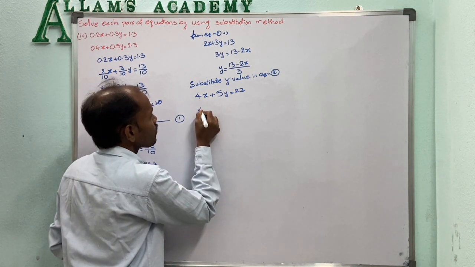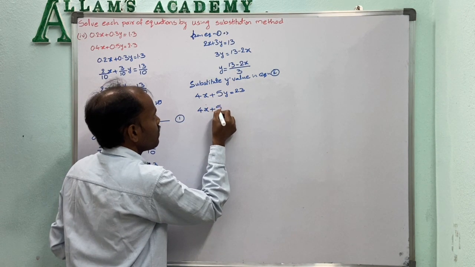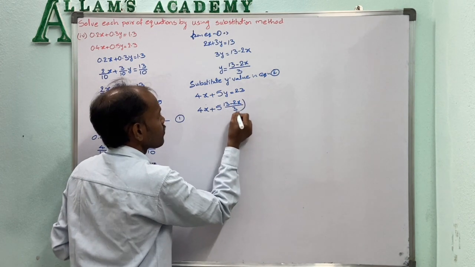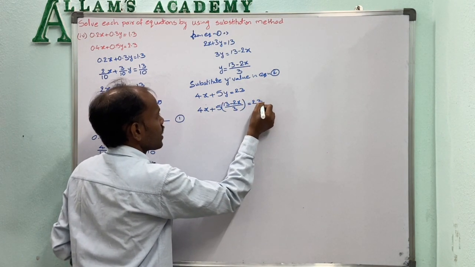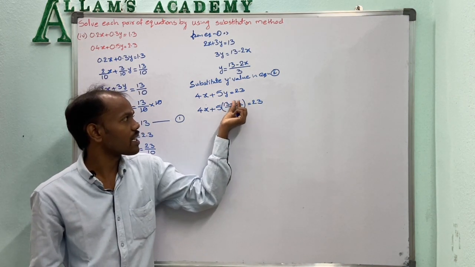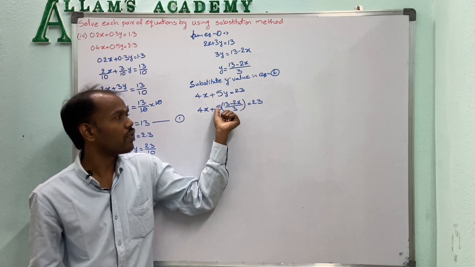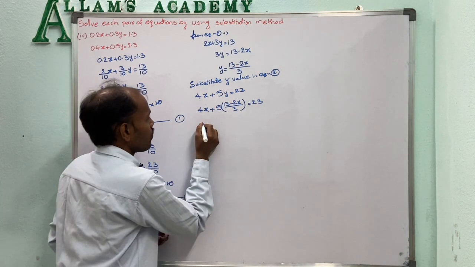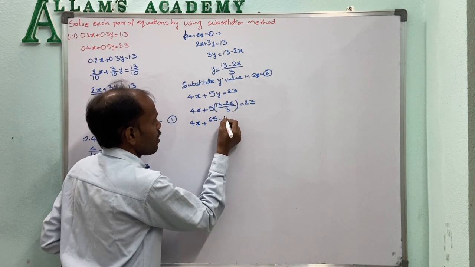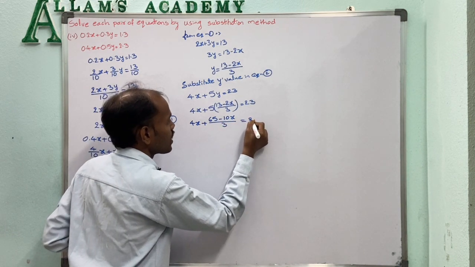So 4 into x plus 5 into 13 minus 2x by 3 equal to 23. Okay, now 5 multiplied with 13 minus 2x by 3. 13 5s are 65, 2 5s are 10. So 4x plus 65 minus 10x by 3 equal to 23.